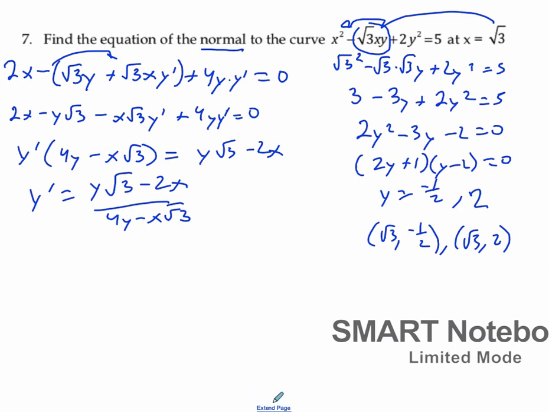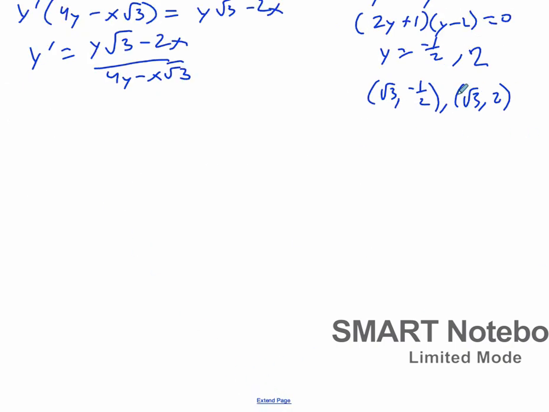Okay, so then we need to figure out the slope at both these points. So let's do that one first, root 3 comma negative half. So the slope of the tangent at that point, well actually let's go straight to the normal. Actually, I'm going to do the other point first, because I know it's a little bit easier. Let's do this point first.